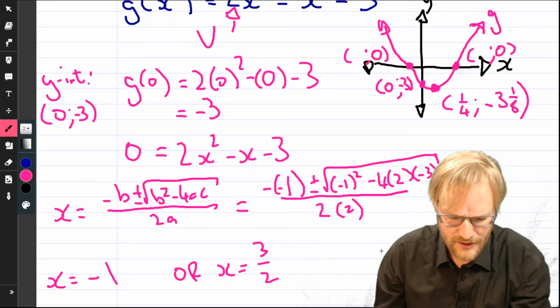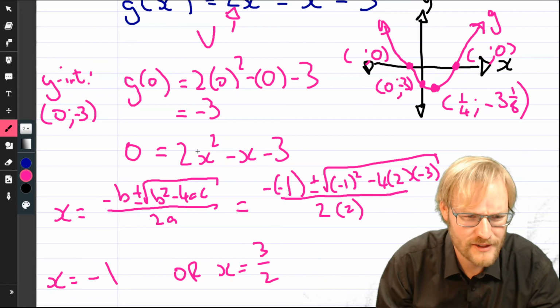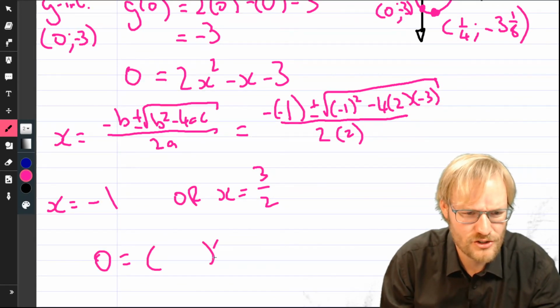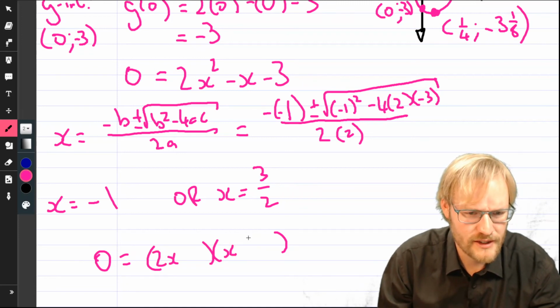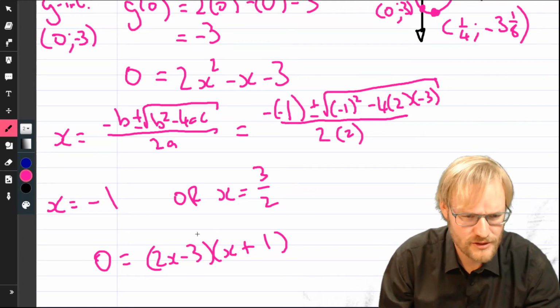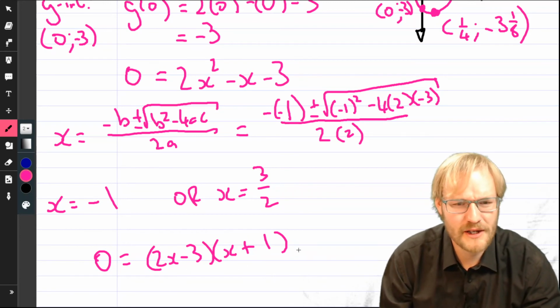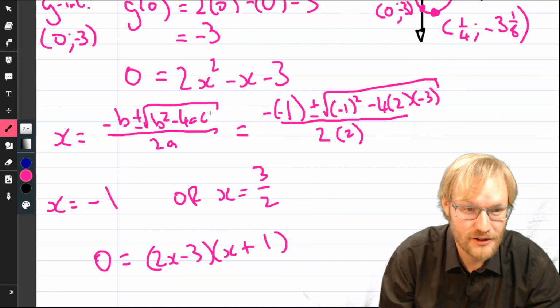Now, for those of you that factorized or needed to factorize it, you might have gone, well, that wasn't actually too bad to factorize, was it? 2x and x plus 1, minus must be 3. Let's check: 2x squared minus 3x plus 2x. So it wasn't too bad to factorize. Either way, I don't know if it's going to come out nicely or not.